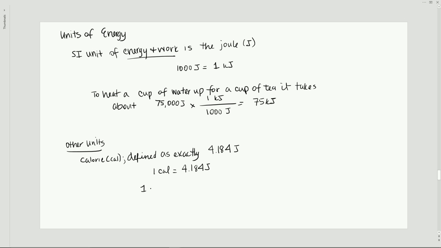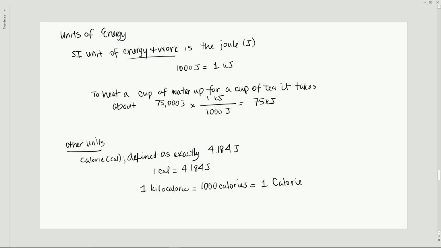And 1 kilocalorie is equal to 1,000 calories, which is equal to 1 capital C Calorie.